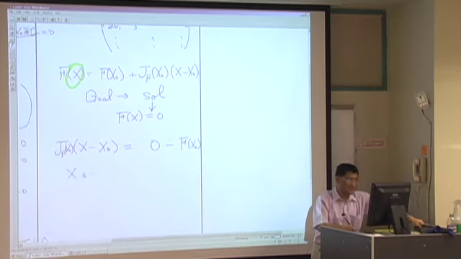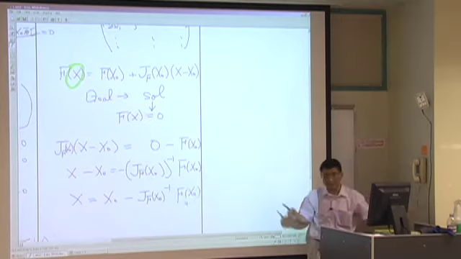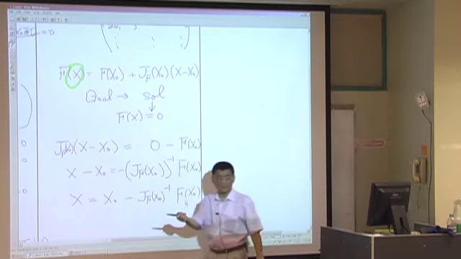So we multiply this on the left-hand side by the inverse, and then minus this one. And then, finally, we can write x. So this is the relation that we can derive to solve the equation.